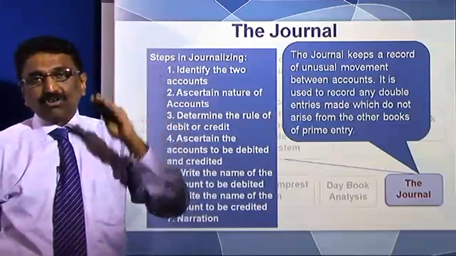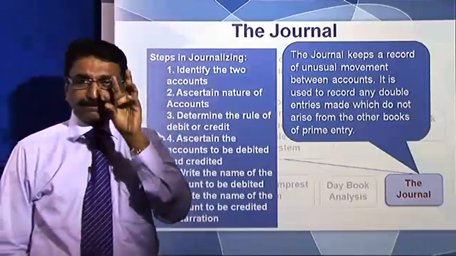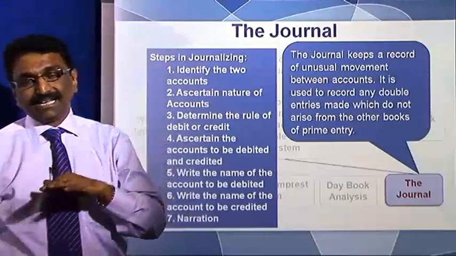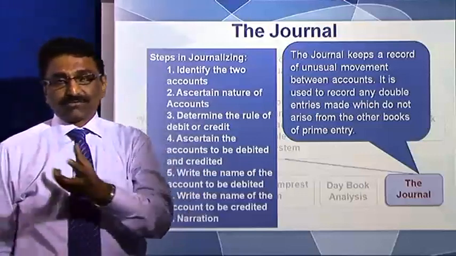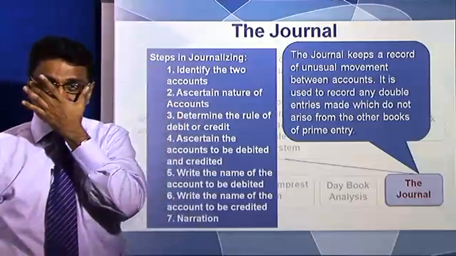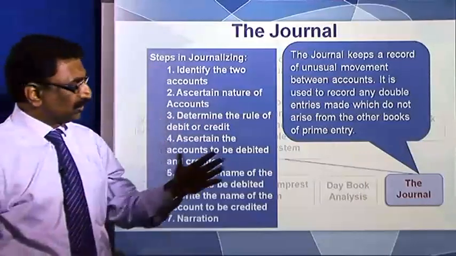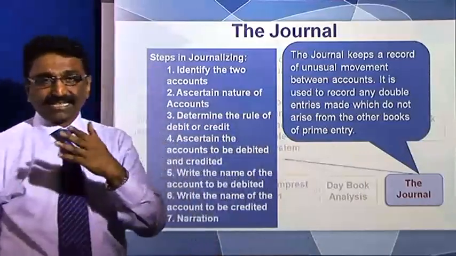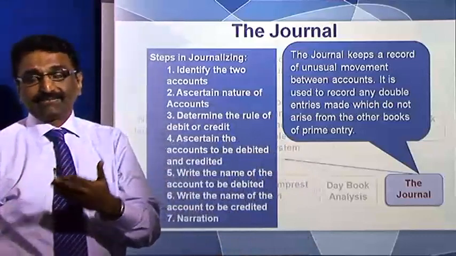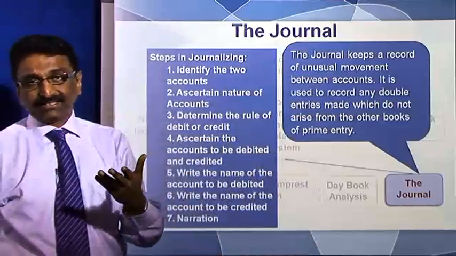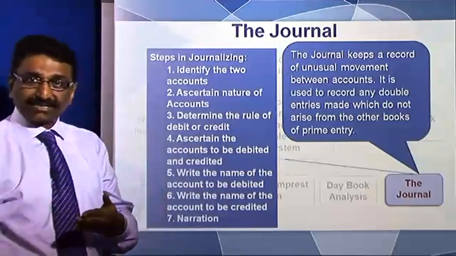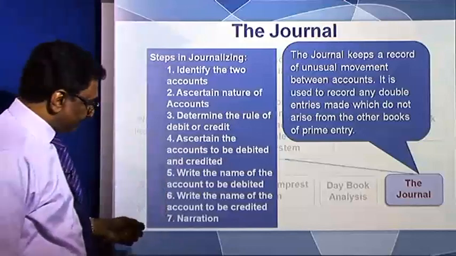All books of prime entry, you should remember, capture the business transactions as they happen, and there is no rearranging them to gather information from them. As they happen, they are captured. So the journal is one such thing, and as I said just now, you can use the journal itself without using the other books of prime entry to capture those transactions. So let's see how we do that.